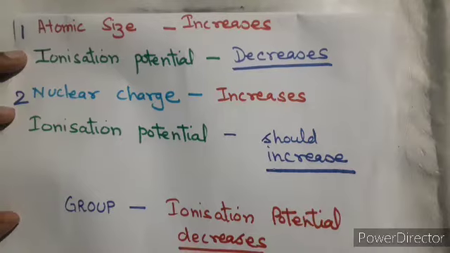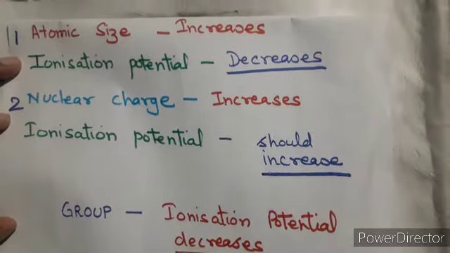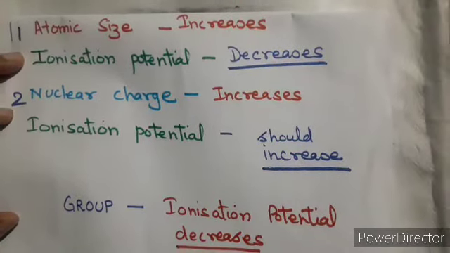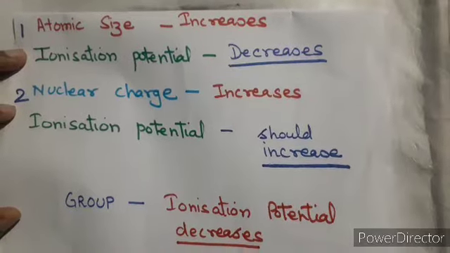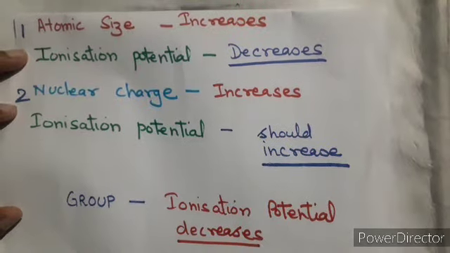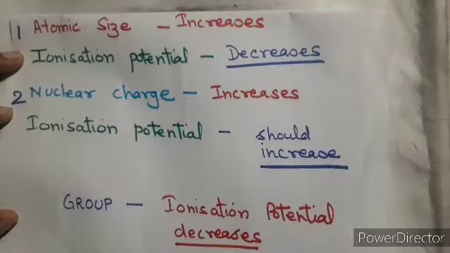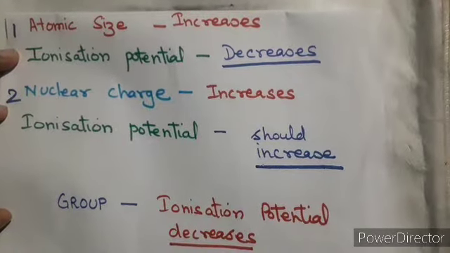Now if you go back to the period case, you have already found that ionization potential in periods always increases. But I have already mentioned you cannot give the same statements for groups as well as periods. Always remember this note. They are different from each other, because their pattern of understanding the concepts is also different.